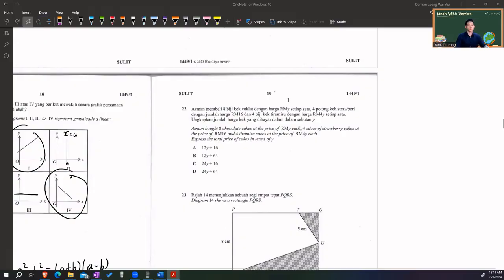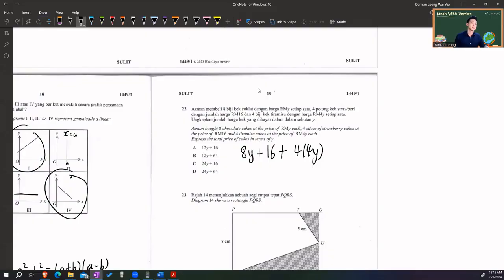So I have one unknown Y, so it's just 8 chocolate cake times Y plus 4 strawberry cake plus 16 actually, because it's just 16 ringgit for 4 strawberry cake plus 4 tiramisu, each one 4Y times 4Y.